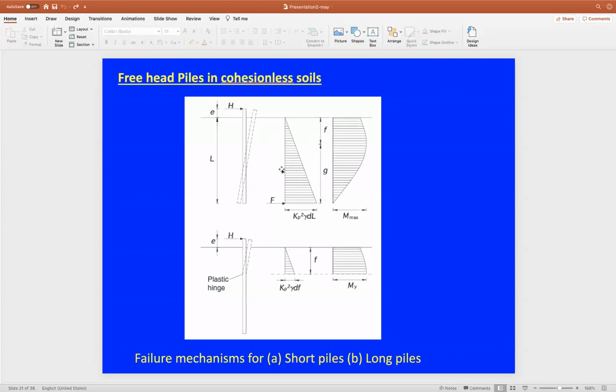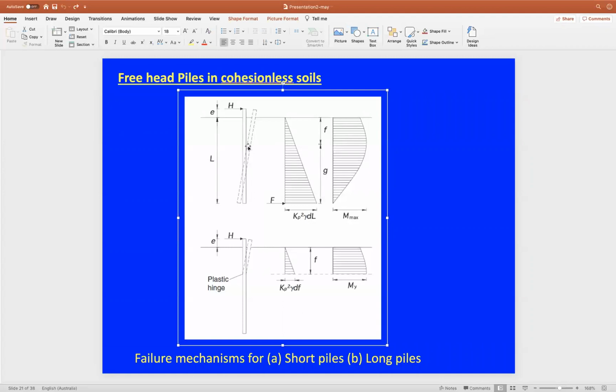So if you take within the pile length, which is G, exactly this point here, the reaction of the soil toward the pile in this direction and in that direction, these two forces will cancel each other.